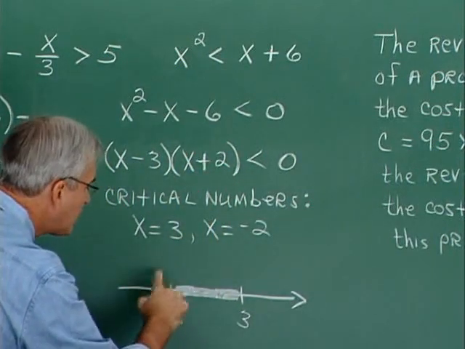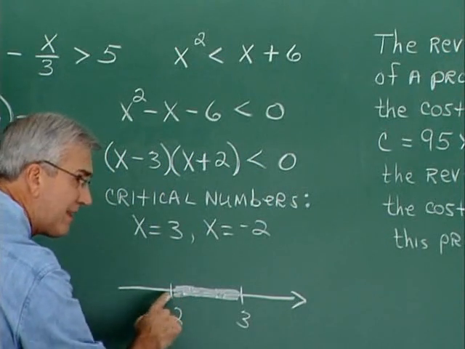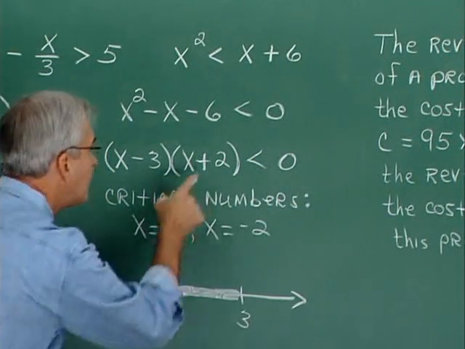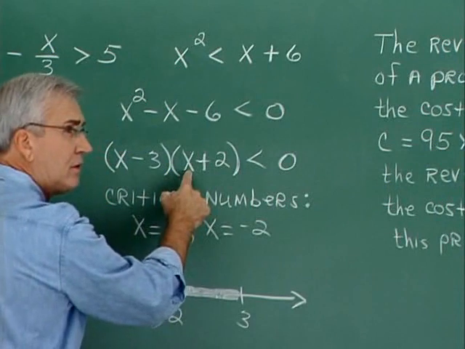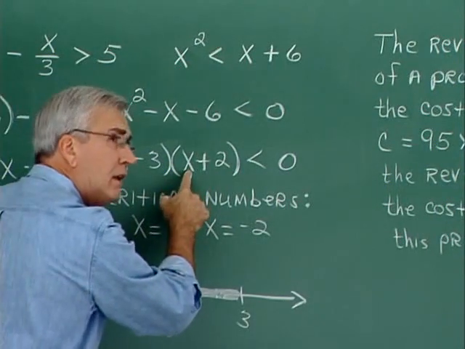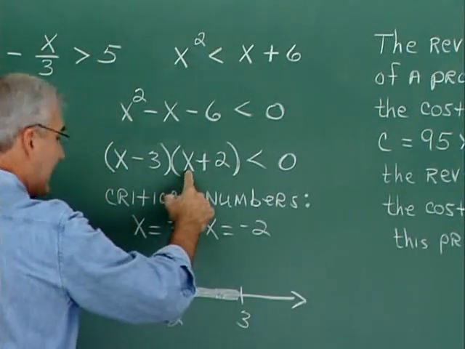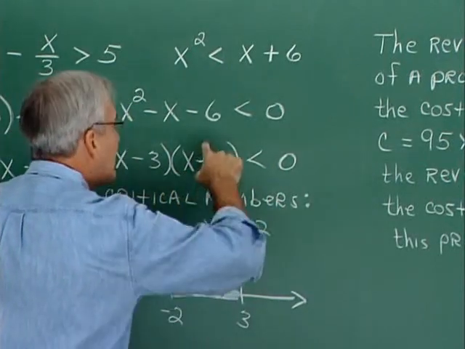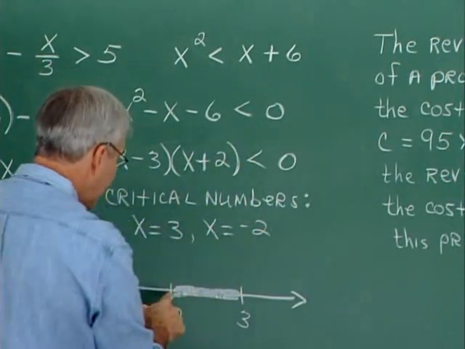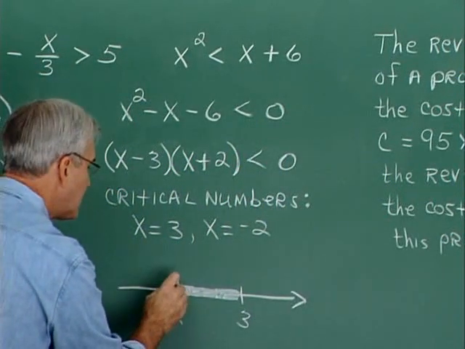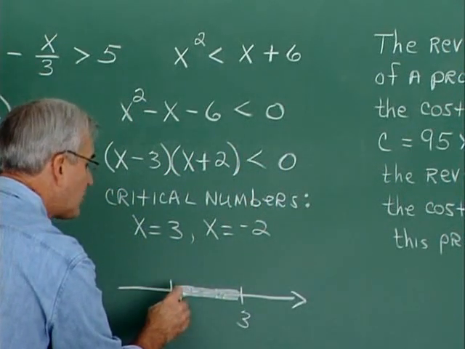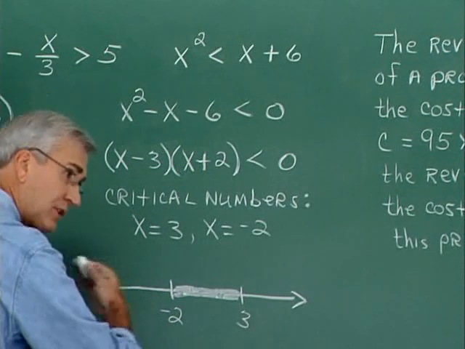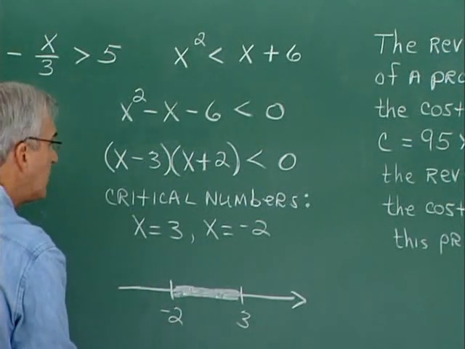But as soon as we jump to the right of negative 2, a number a little bit bigger than negative 2, like negative 1 or negative 1.9, then plus 2 makes this positive. So this value is critical because it is the spot where a factor changes sign as we're moving along the number line. It's a good way to look at it.